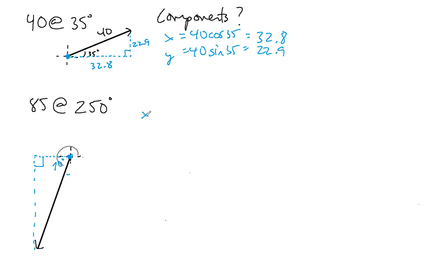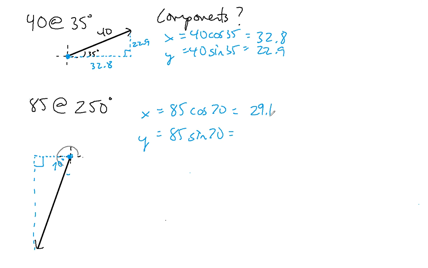So my x component and y component, let's see, it'll be 85 cos 70 degrees and 85 sine 70 degrees for my two components. So I'll do my 85 cos 70, and I get 29.1.